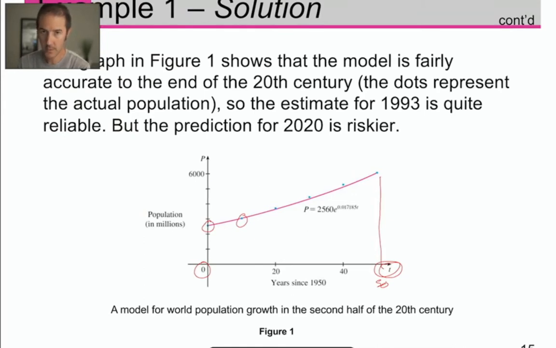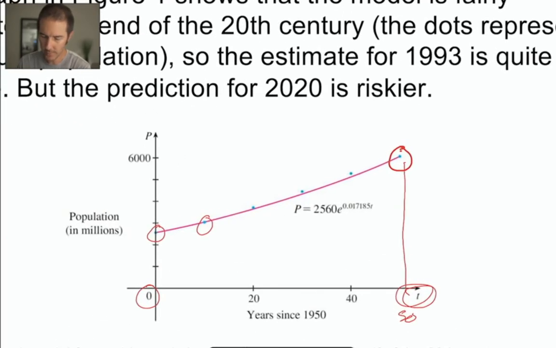And in the year 2000, we've got this value here. So you can see that some of these points go a little bit more astray. The blue dots are the actual world populations, and this magenta curve is the function that we designed. And you can see that it's not that far off. It's a pretty good approximation.